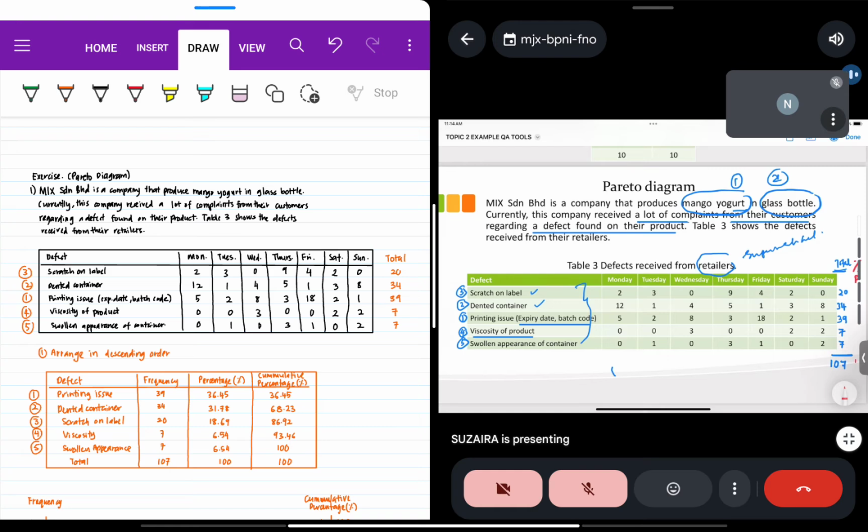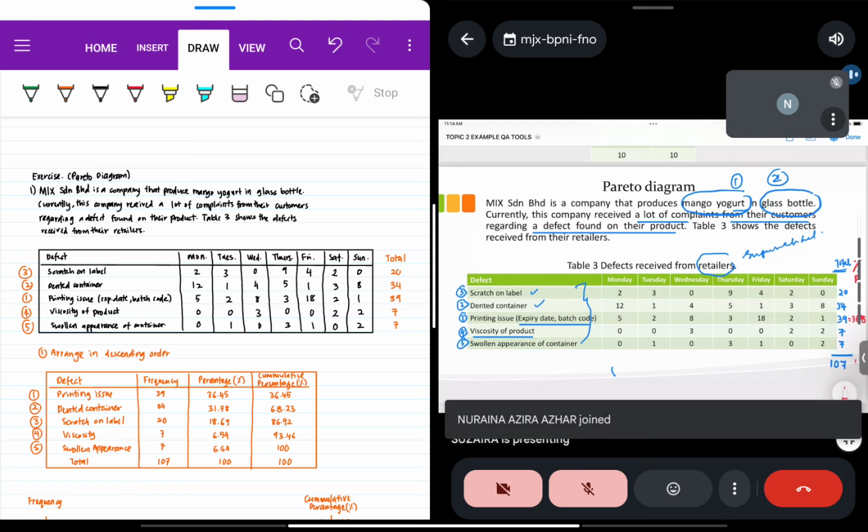Probably we'll start with 39. 39 divided by 107. 36.45%. Okay.